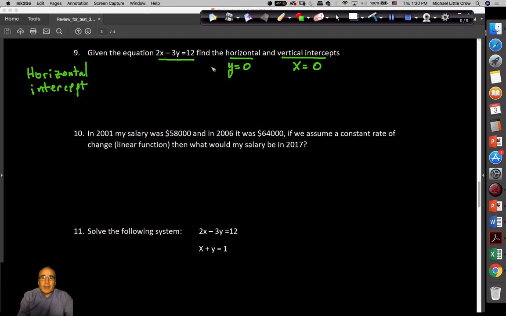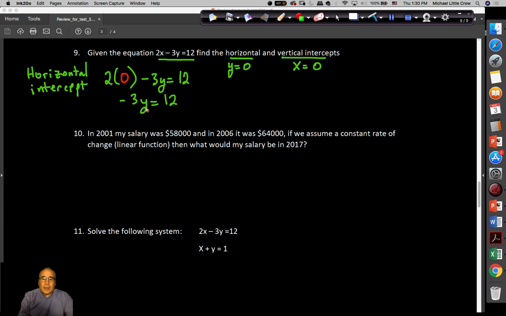we're going to take this equation, but we're going to put 0 in for x. 2 times 0 minus 3y equals 12. 2 times 0 is 0. 0 minus 3y is minus 3y. So we simply end up with minus 3y equals 12.